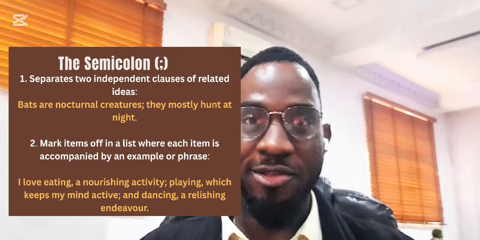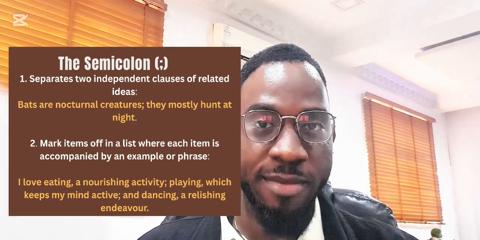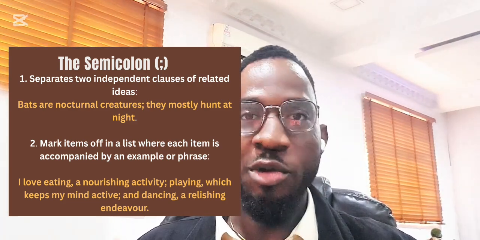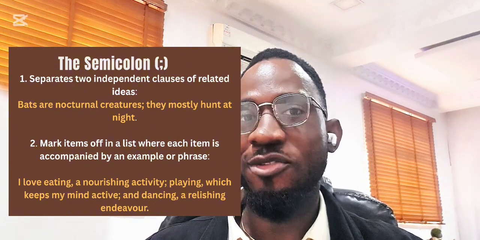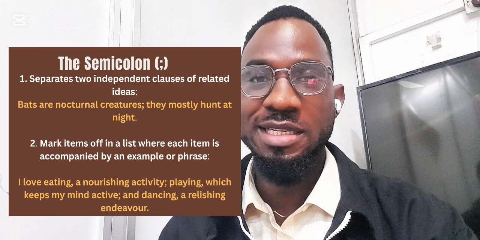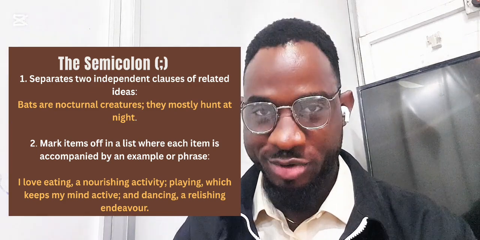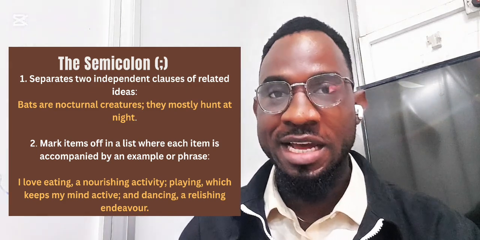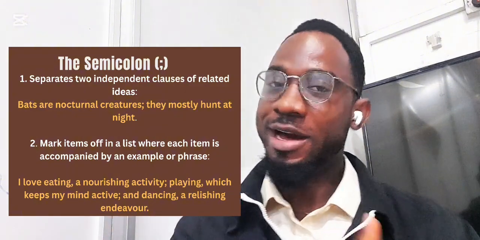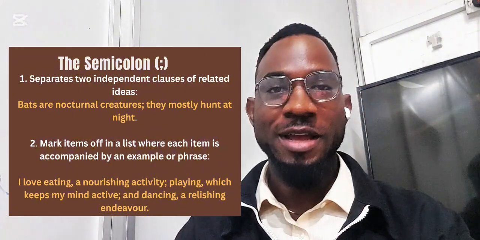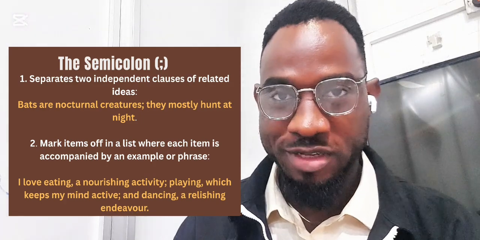Now, I will take the time to really dissect this so that you really understand what I mean by independent clauses and what I mean by saying that both independent clauses have to be related. A clause is a complete expression that has a subject and a verb, essentially. But then it has a subject, verb, and a complement, or a subject, verb, and an object, depending on the structure of the sentence.